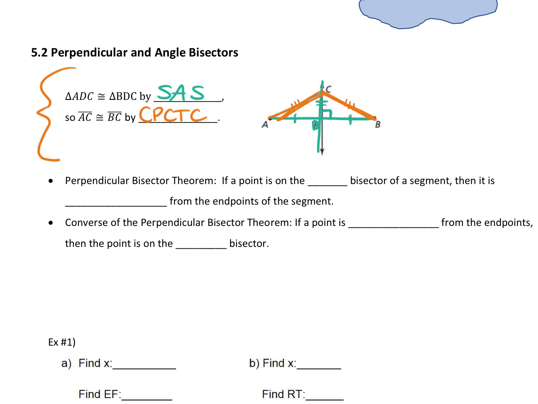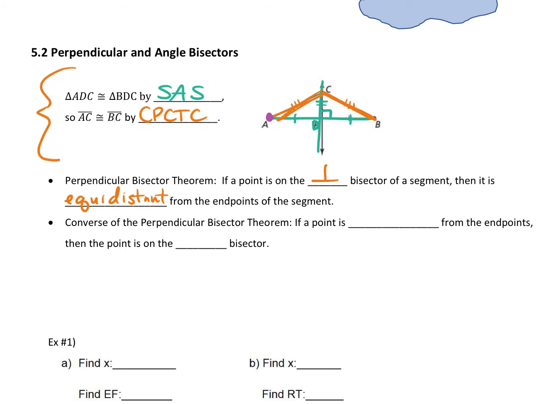Here's what it says. If a point is on the perpendicular bisector of a segment, then it is equidistant. What does equidistant mean? Equal distance, right? Then it's the same distance away from the endpoints. So that's what they're saying here.